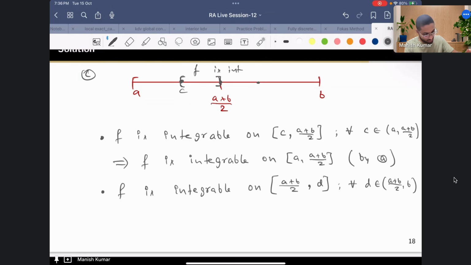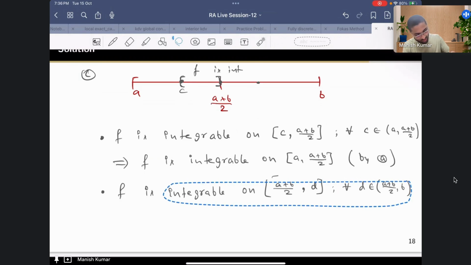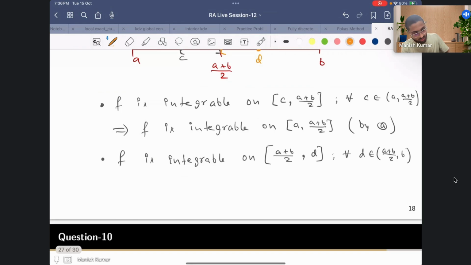Nothing, sir, nothing. Okay. So this is the assumption we have: from the assumption we can say that f is integrable on [(a+b)/2, d]. So I am using this fact. In this interval it is integrable for any d. So this will tell you that f is integrable on [(a+b)/2, b], and this is by part B.